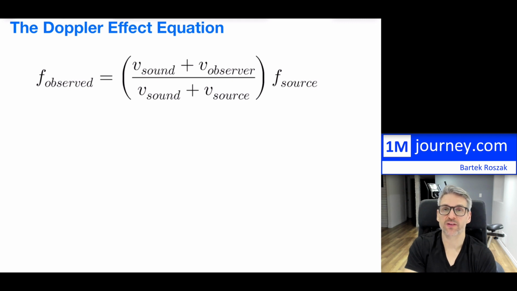Now imagine that particular source that gives off sound, so for example, a police car or an ambulance, starts to move towards you. Now, are you going to sense exactly the same pitch, meaning the same frequency? The answer is actually no, because as it's moving towards you, the sound itself is going to travel at a certain speed.